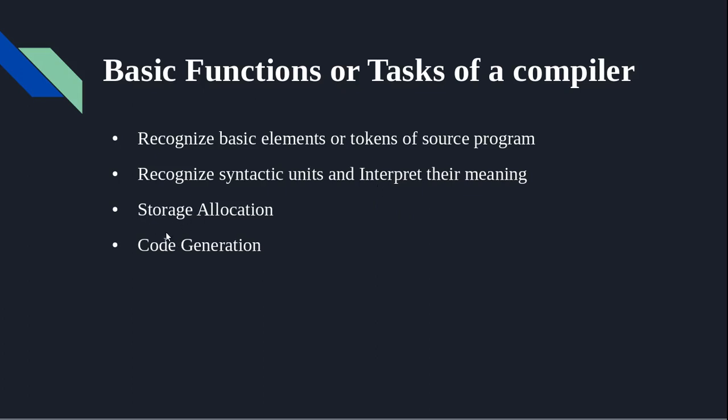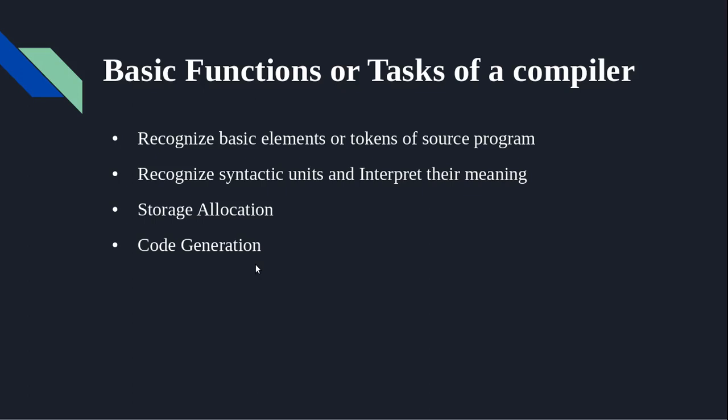After that, the main task of a compiler is storage allocation. Storage allocation mainly contains the allocation of the variables used in the source program. What all variables we have used in the source program, we have to allocate storage space for those variables. That is storage allocation. Then the last main task of the compiler is code generation.